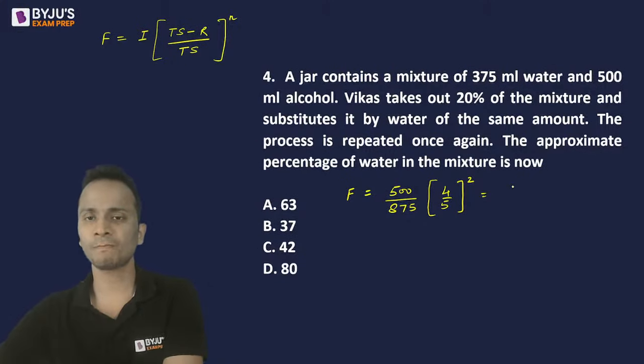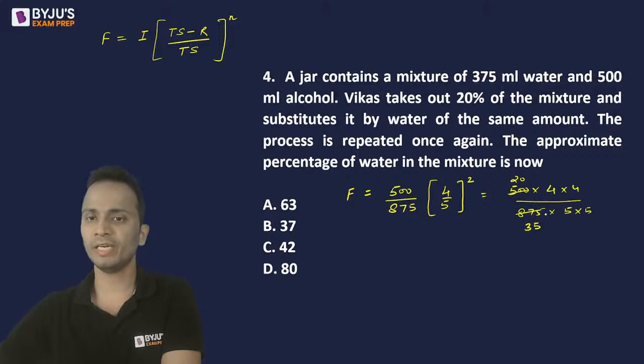Let's simplify this. So 500 multiplied by 4 multiplied by 4 divided by 875 multiplied by 5 multiplied by 5. I will cancel 25 first of all from numerator and denominator. So this will be 20 and this will be 3 and 5, 35. Then 20 and 5 will get cancelled.